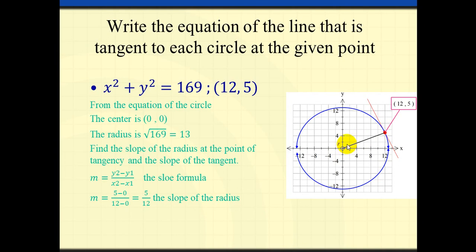The first point is the origin (0, 0), the second point (12, 5). So (5 − 0) over (12 − 0) equals 5 over 12. This is the slope of the radius.